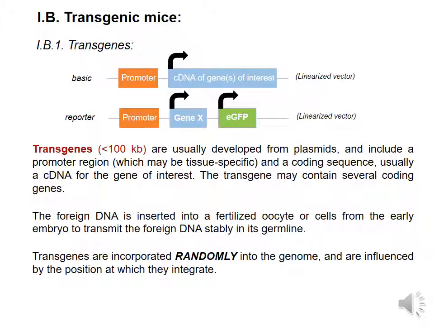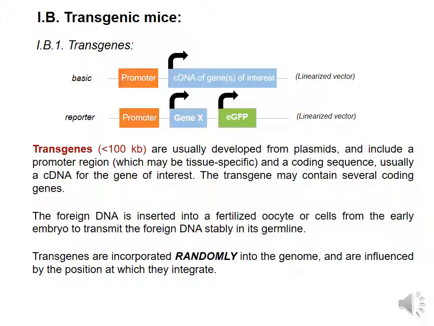For this video, as I mentioned earlier, we will focus on transgenic mice, what they are and how they can be generated. To generate transgenic mice, we need to start by synthesizing the transgene that we want to introduce in the animals.